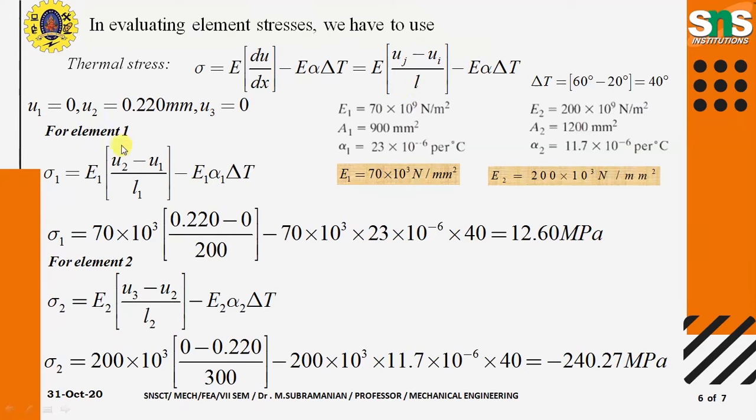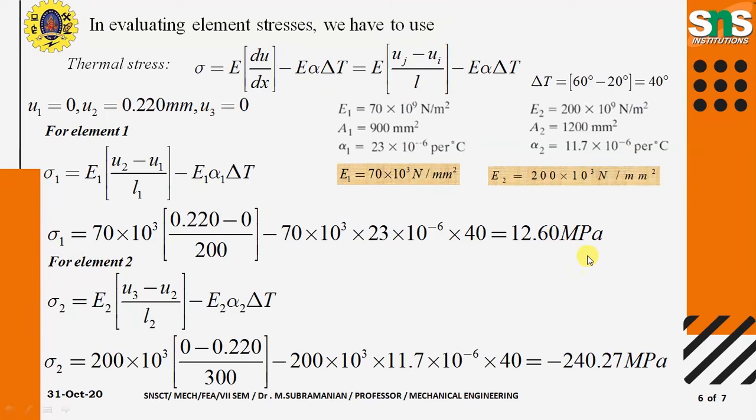So U2 is 0.22 millimeter, U1 is 0, and L1 is the length of the element, 200 mm, minus Young's modulus E1, 70 times 10 power 3, times alpha 1, 23 times 10 power minus 6, times delta T, 40. That equals 12.60 megapascal.